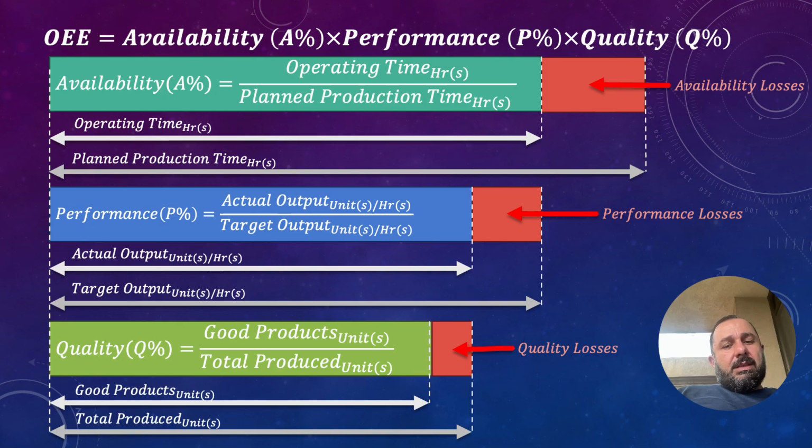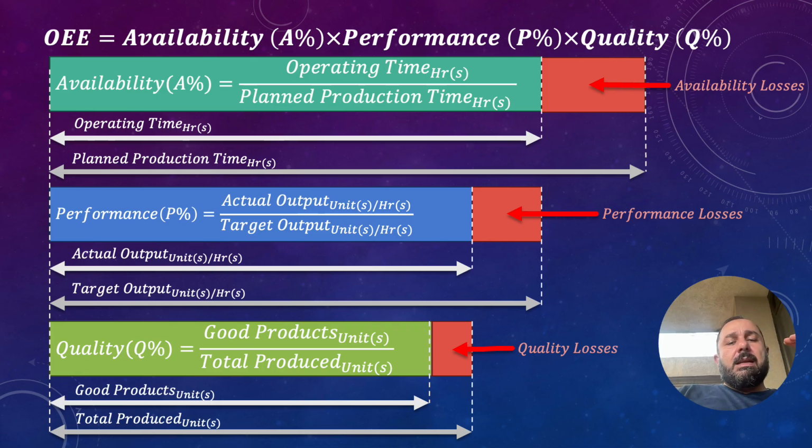So here it's very important that you look at the graph that is now explaining exactly each and every factor and how it is being interpreted in real life. As we know, OEE is availability, performance, and quality. When we start breaking down each factor, we start with availability.